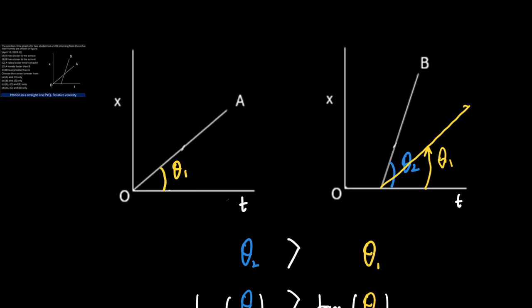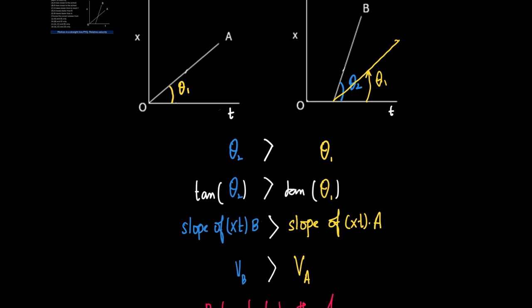So it is very clear from the comparison of these two graphs that theta 2 is greater than theta 1, which means tan of theta 2 would be greater than tan of theta 1. Tan of theta 2 is actually the slope of xt graph of B. Tan of theta 1 is actually the slope of xt graph of A, right?